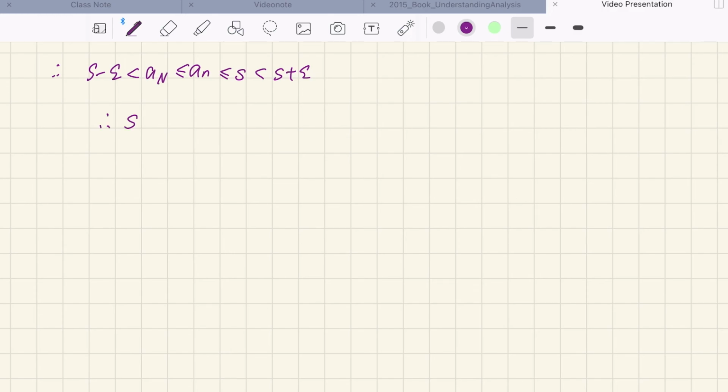So a big N is less than S plus epsilon. Because we don't know whether S is positive or not, we will have the absolute value of a n minus S less than epsilon. Because epsilon is bigger than 0, in this case, we finish our proof of the monotone convergence theorem.